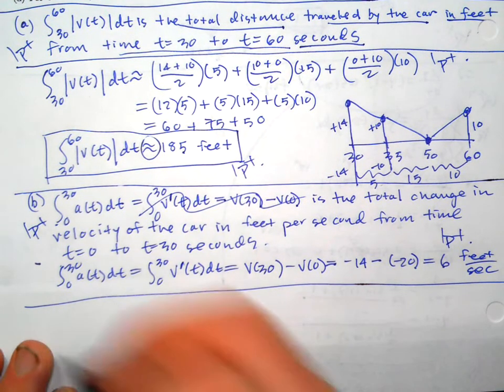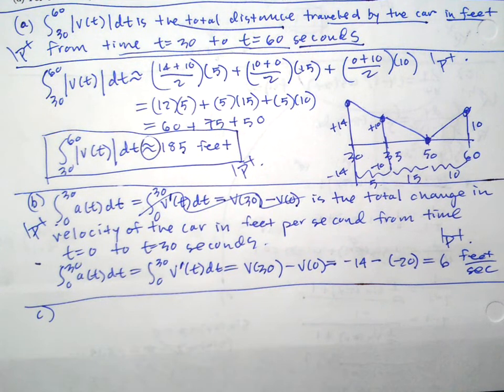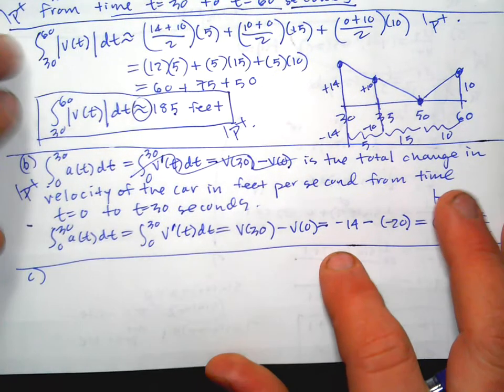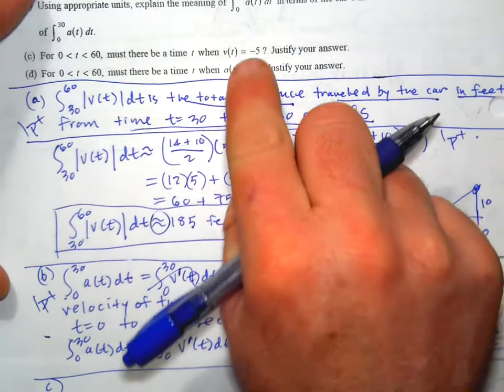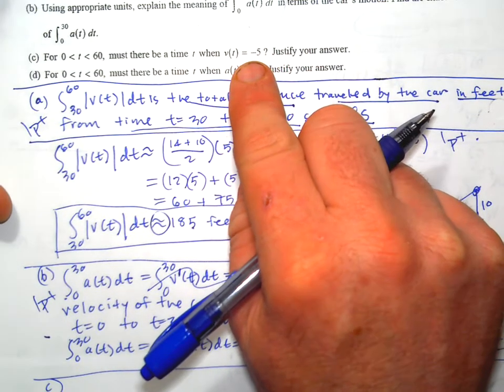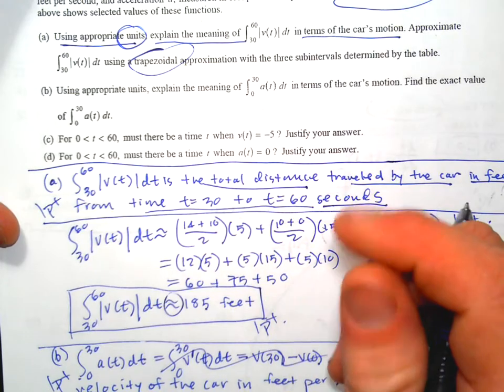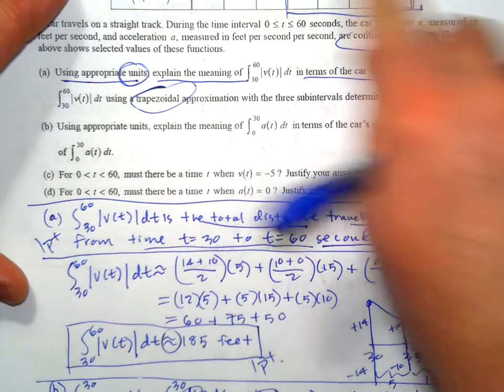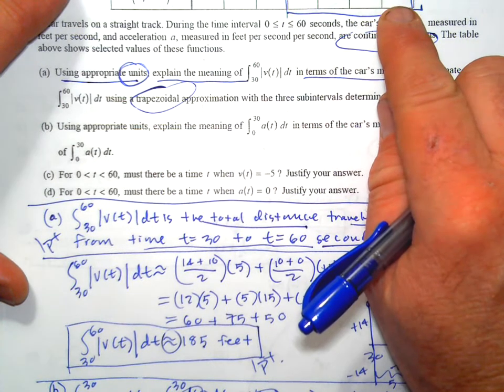Part C says 0 to 60, must there be a time where the velocity equals negative 5? Justify your answer. Now, when they say that, you're either thinking intermediate value theorem or mean value theorem. Mean value theorem probably comes up more. So we're saying 0 to 60, is it for sure going to go through negative 5?